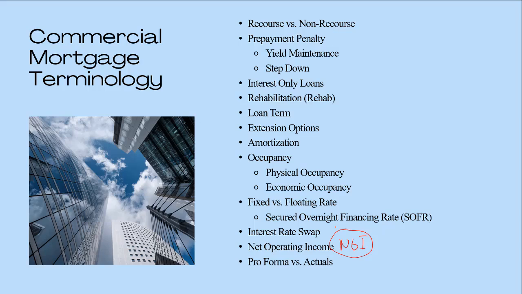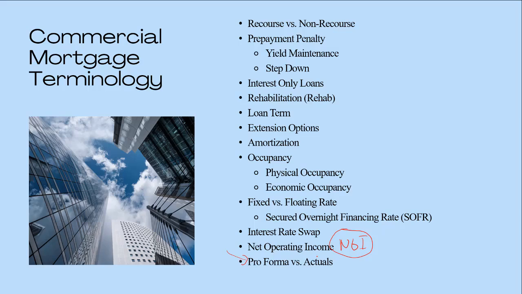And then pro forma versus actuals. So a pro forma is essentially a kind of hypothetical. It's based on assumptions that aren't actually true. Okay, so maybe you're gonna buy a property and you're like, hey, I'm gonna rehab it, and then the rents are gonna go up, and you're gonna make a financial statement, basically a profit and loss statement, assuming the new rents that you are gonna get after you do the rehab.